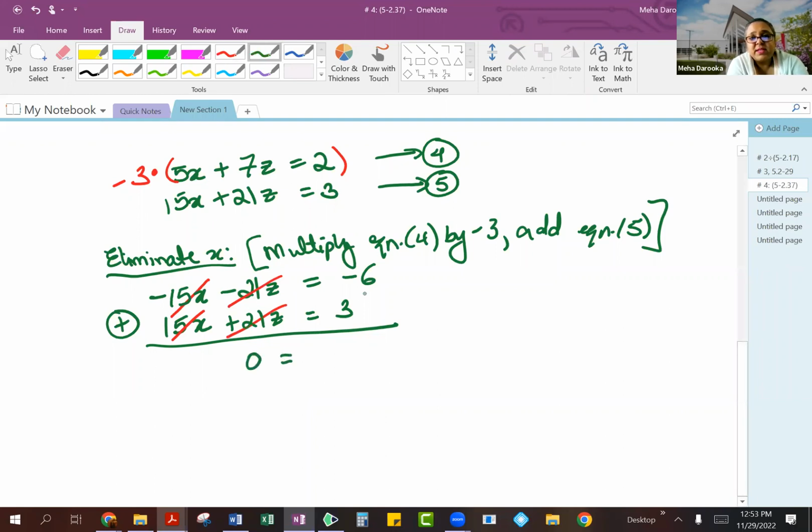So you end up with 0 equals -3, which of course we know they are not equal. And you are ending up with a false statement. So what does that tell us, guys, when we end up with a false statement like this?